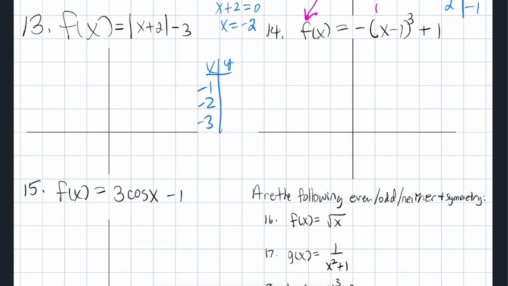If you plug in -2, you get the absolute value of 0 that has moved down 3. That's what that -3 is going to do. If I do the absolute value of 1, when I plug in -1, I get 1. 1 minus 3 is -2, and you should get -2 here. The symmetry should work that those two should match, or you've done it wrong. Either you chose the incorrect middle point, or, you know.